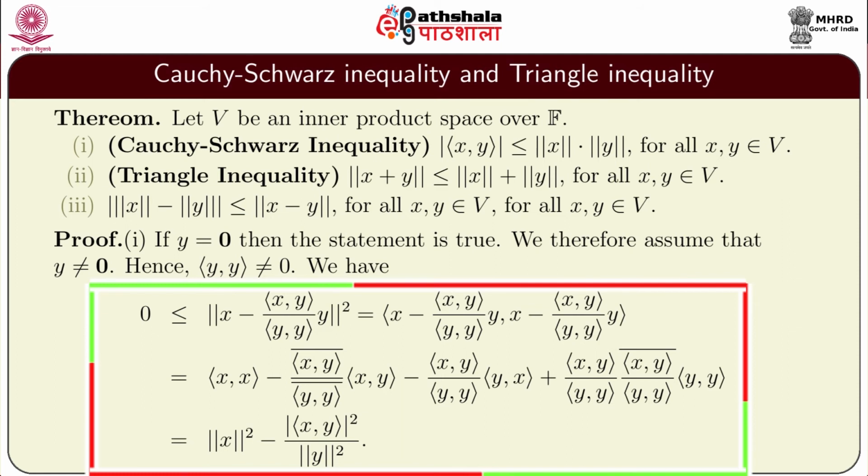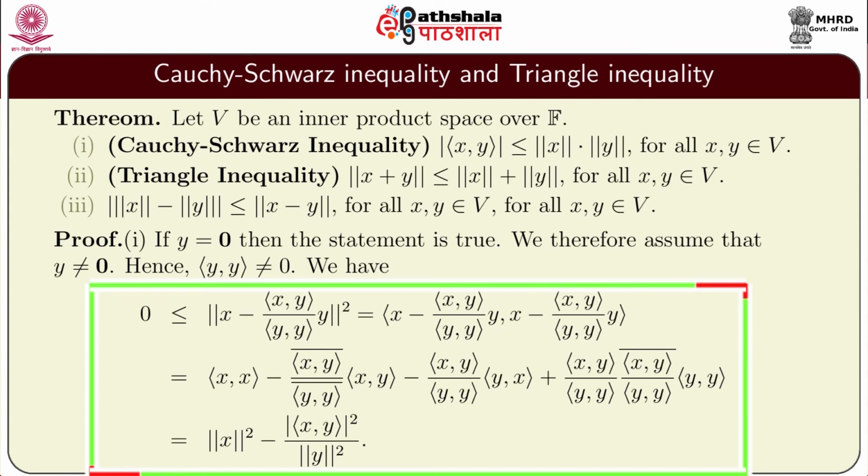And now we use the standard properties of the inner product, and finally what we get is inner product x x minus this inner product x y multiplied by this scalar, the conjugate of inner product x y by the conjugate of inner product y y, minus the inner product y x multiplied by the scalar inner product x y by inner product y y, and plus what you see over here, that we have in the numerator inner product x y into inner product x y conjugate, and in the denominator we have inner product y y multiplied by inner product y y, and finally inner product y y.